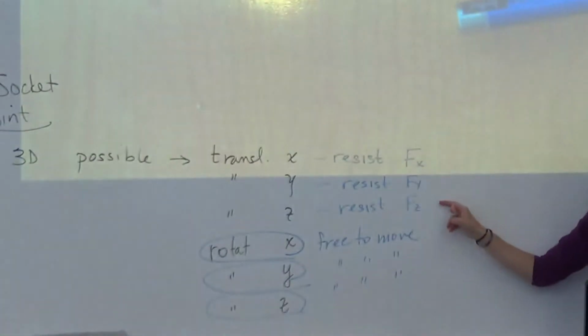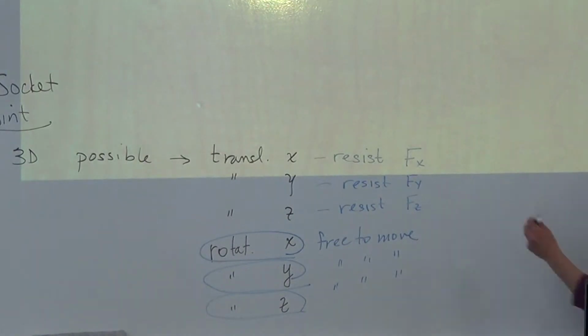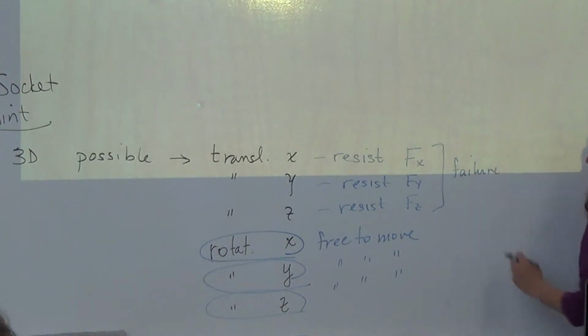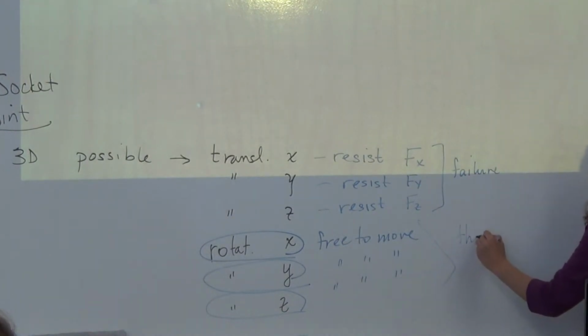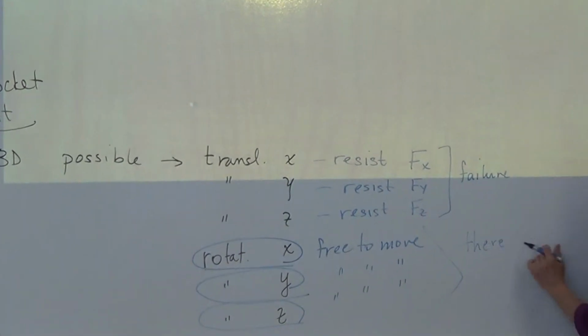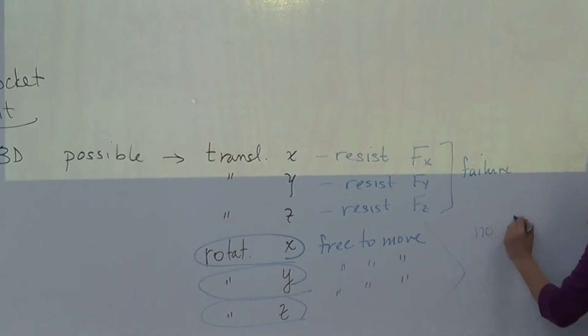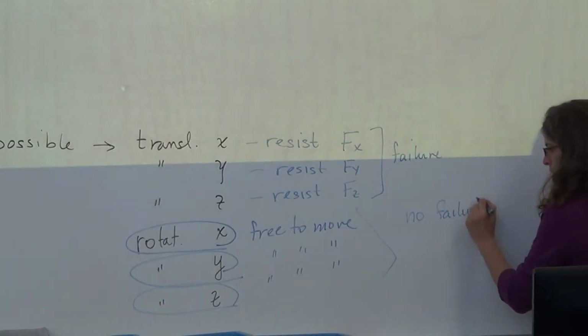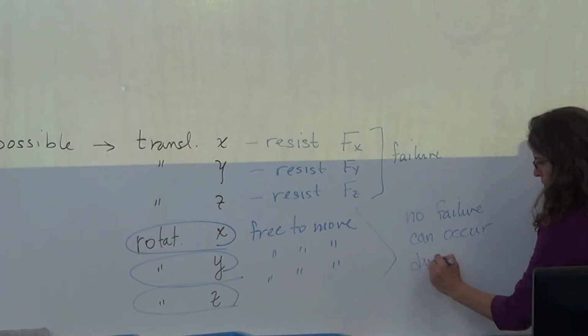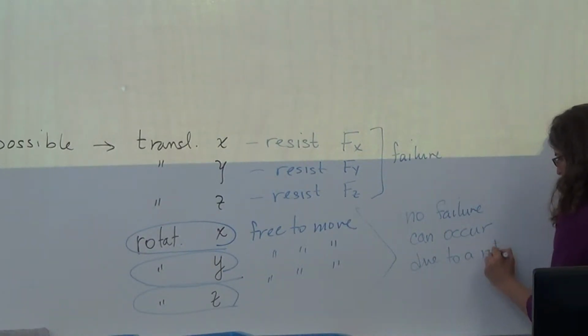Because that's the thing that it resists. It resists these forces, so that means that this is where failure can occur. There is no failure that can occur due to rotation.